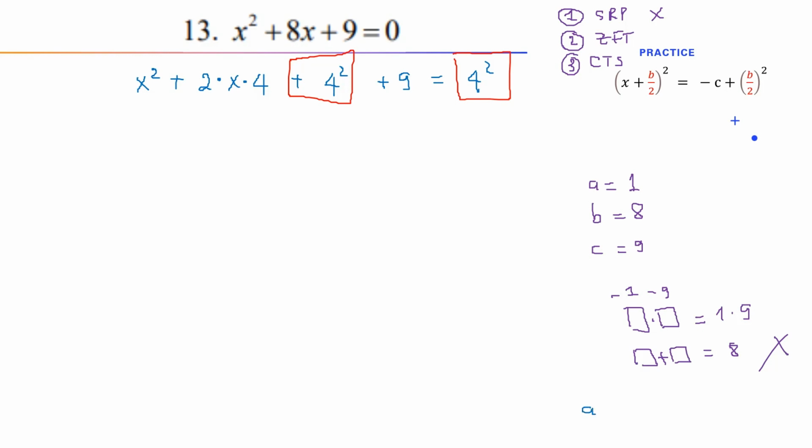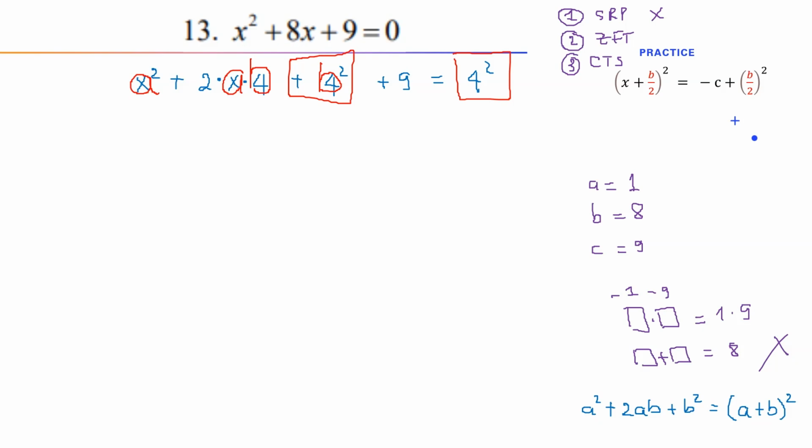So we have the formula: a squared plus 2 times a times b plus b squared equals a plus b all squared. That's why we break down the second term, the 8x term, into 2 times x times 4. This is the 2ab, and this is our b squared, right?